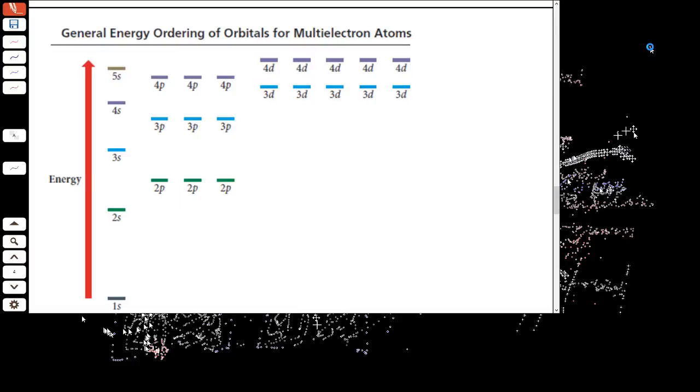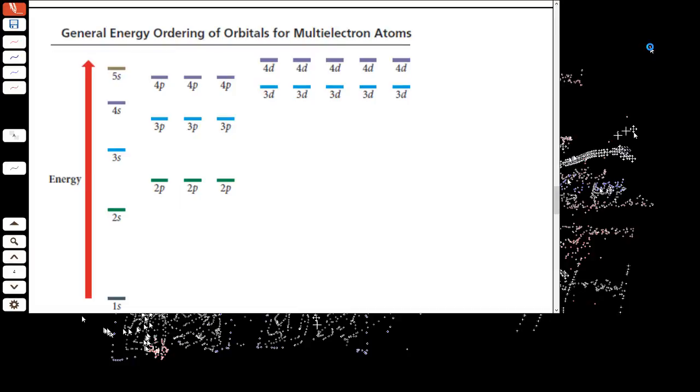But when we're adding electrons to an atom, because those are so close to each other, and because there's other things going on inside the atom, it ends up getting a little bit confused. So when we write electron configurations of neutral atoms, the s electrons of the next shell end up being preferentially occupied by electrons over the d orbitals of the lower shell.